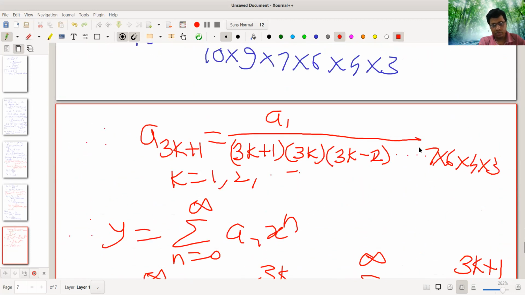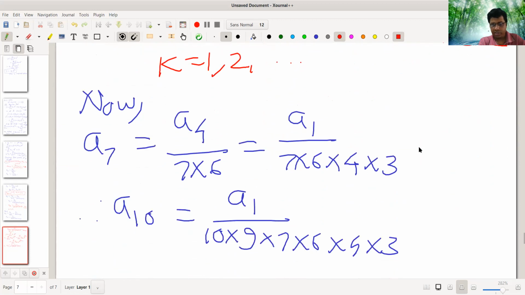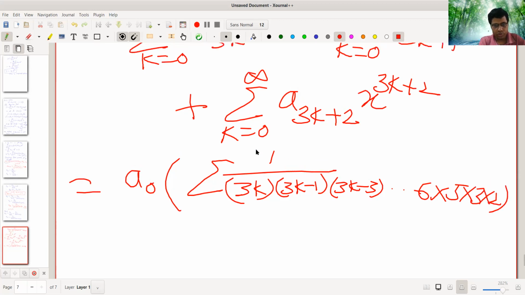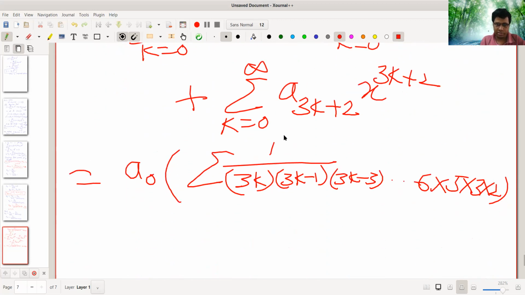And in the denominator we have 6, 5, 3, and 2. X raised to 3k, k equal to 0 to infinity. So this is the first term.